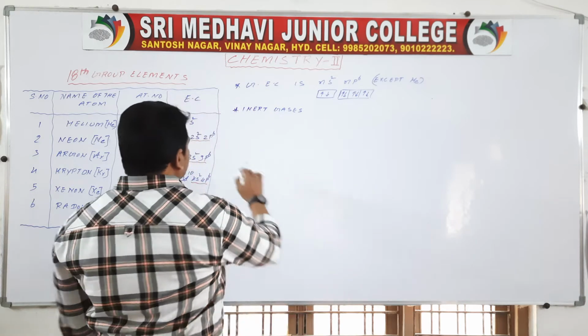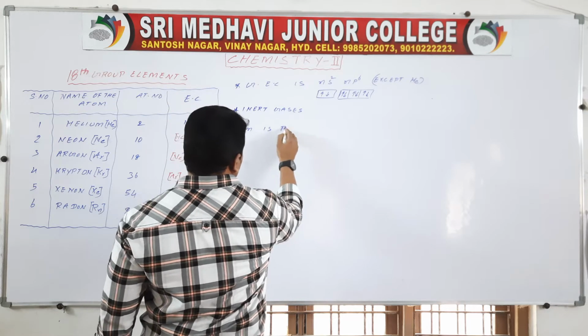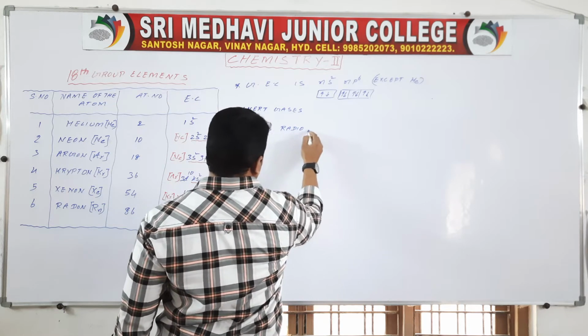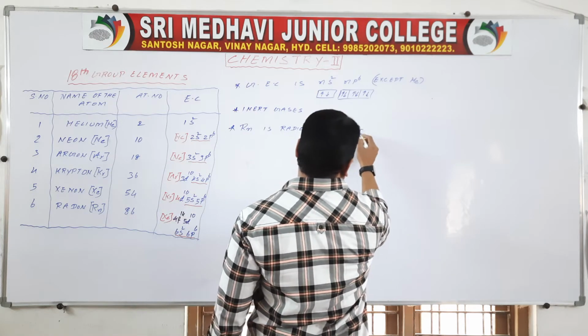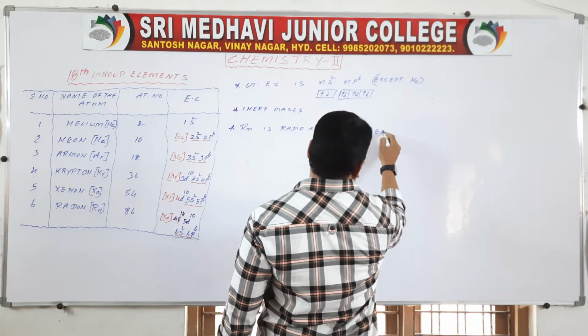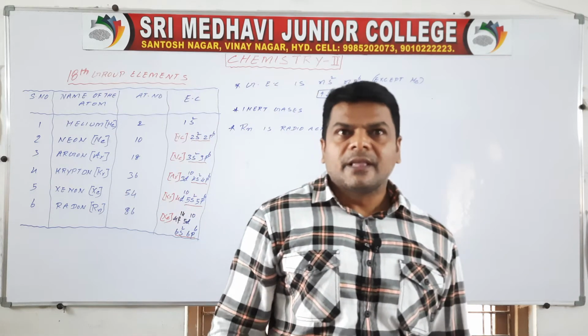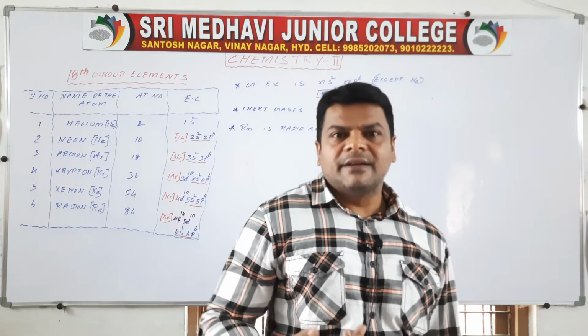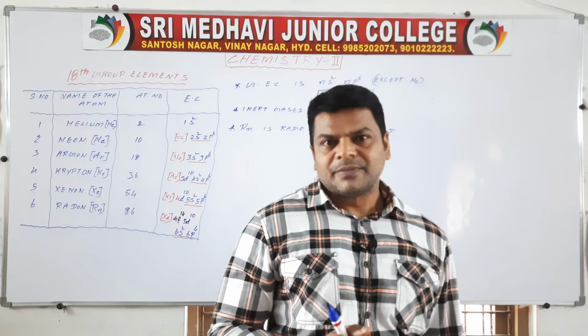Okay, see here, radon is a radioactive element. We can't discuss the properties of radon with normal elements because its half-life period is very low. It does not combine with other elements.